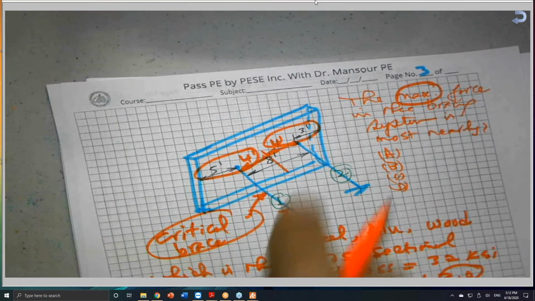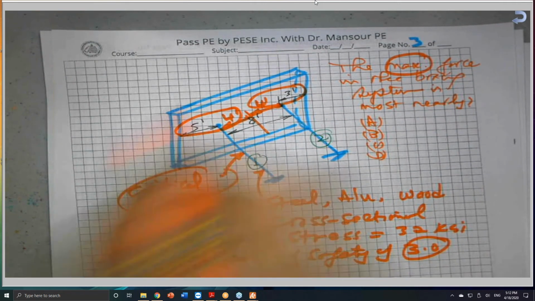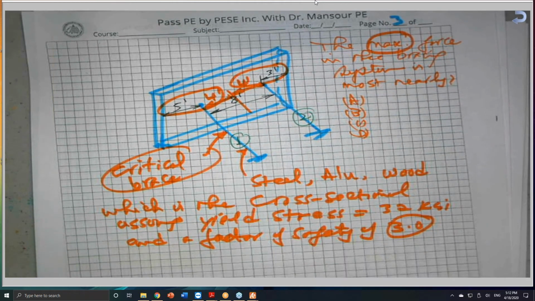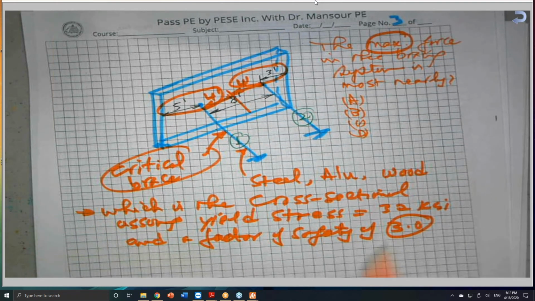I can take this problem and do it in two separate problems: one to calculate the force, and after that we can calculate the cross-sectional area, if I know the yield stress and the factor of safety.